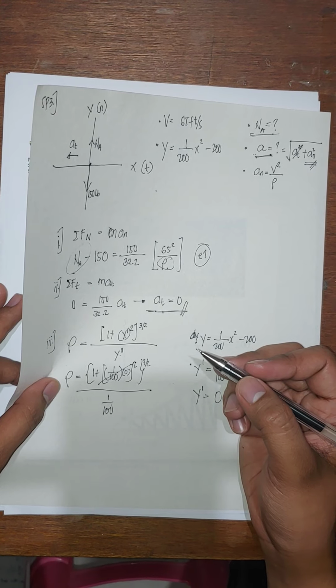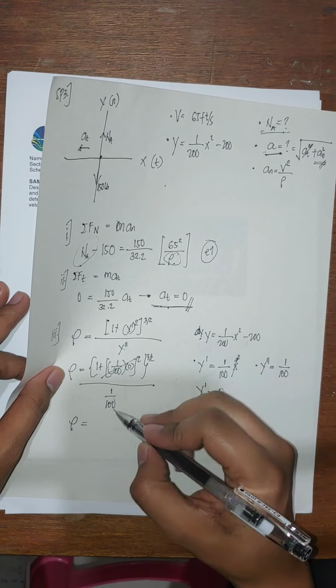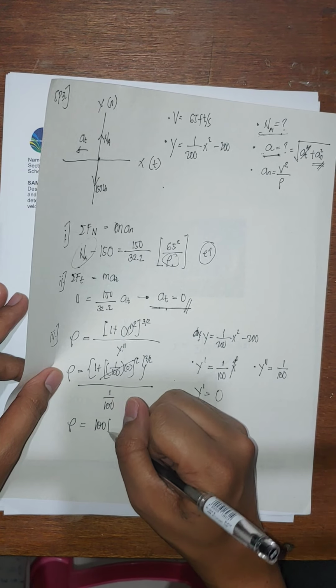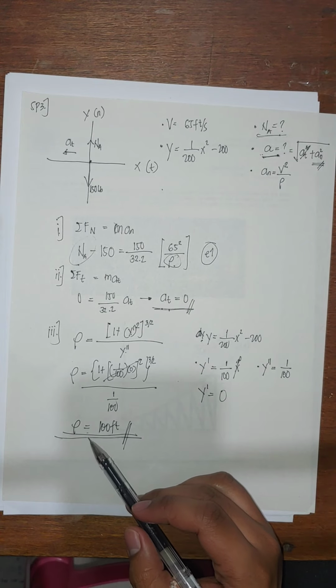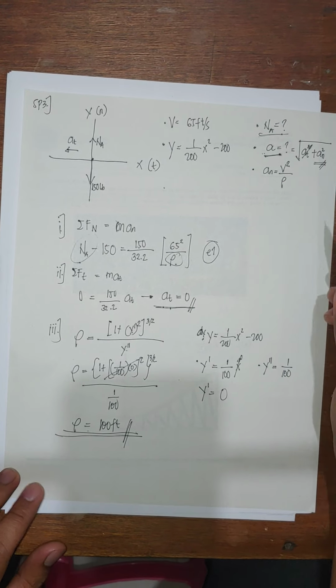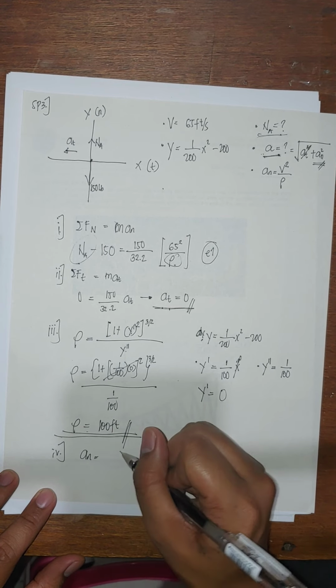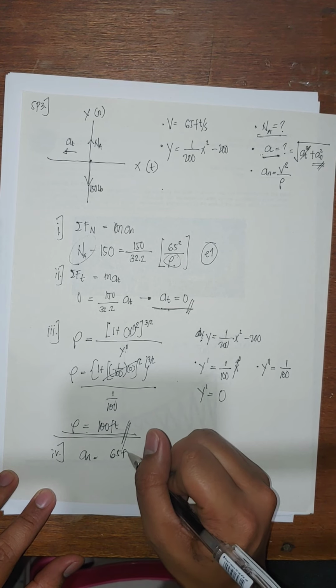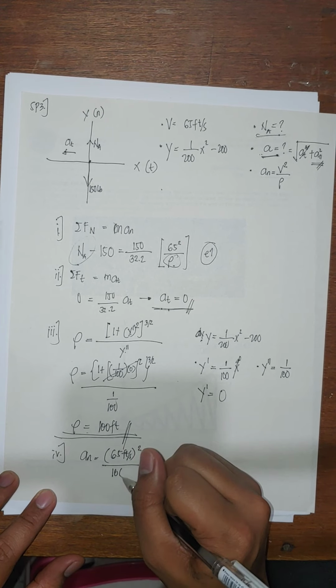So what we have here, you only have that the radius of curvature is just equal to this one, 100 foot. You already have the rho. Then we can solve for the normal acceleration. So our normal acceleration is just equal to the square of the velocity, 65 foot per second, squared over 100.